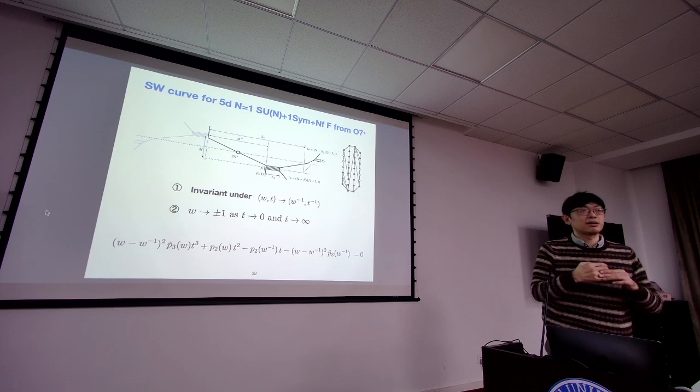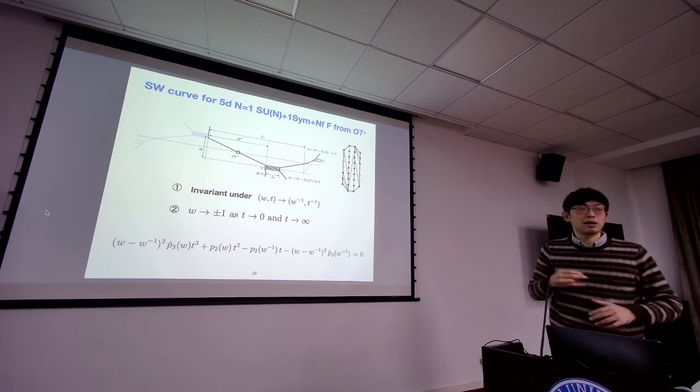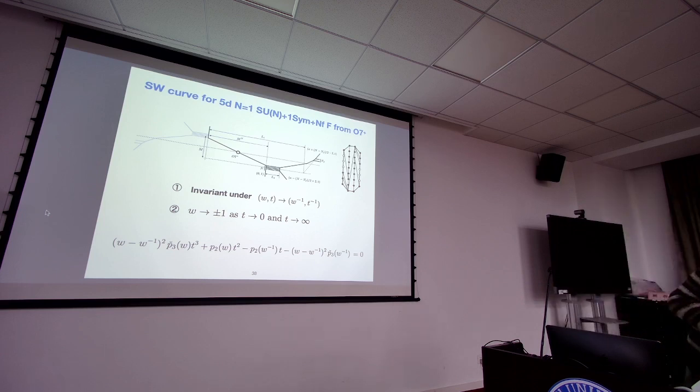Because in general, for D6, it's a fixed KK monopole. Yes, I'm just wondering whether there are some gravitational solutions for orientifolds as well.